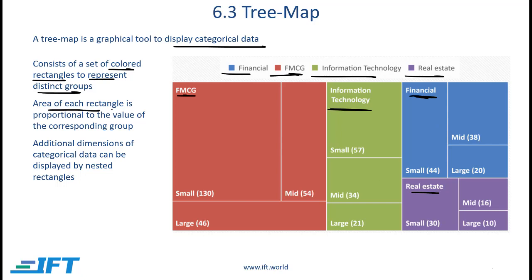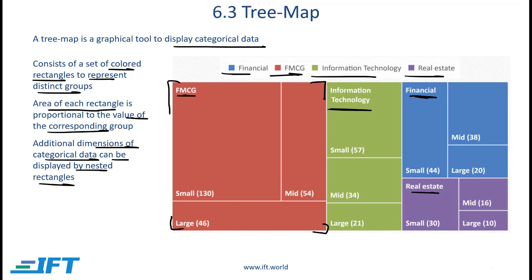The area of each rectangle is proportional to the value of the corresponding group. So clearly here, FMCG is the largest rectangle, and this means that we have the largest number of stocks in the FMCG sector. Additional dimensions of categorical data can be displayed by nested rectangles.